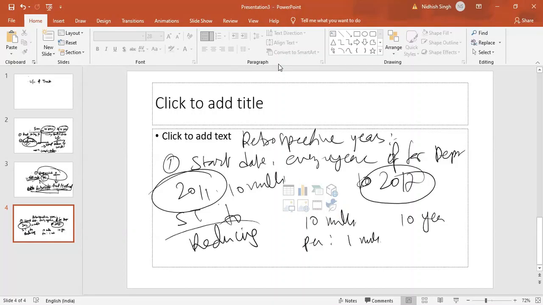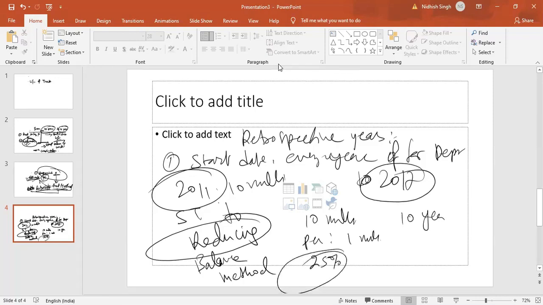But when you adopt the reducing balance method, you depreciate every year 25% of the carrying value. So my first year of depreciation is 2.5 million. Second year is 25% of 7.5 million, so on and so forth.